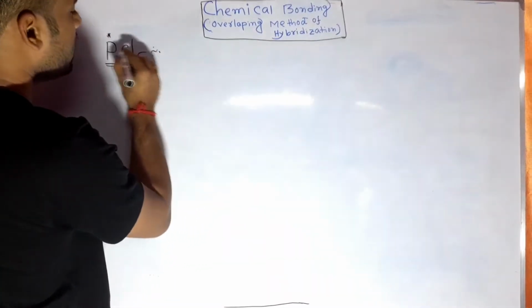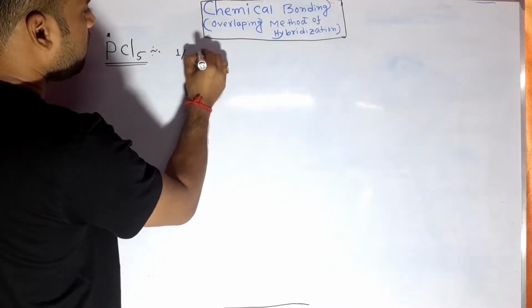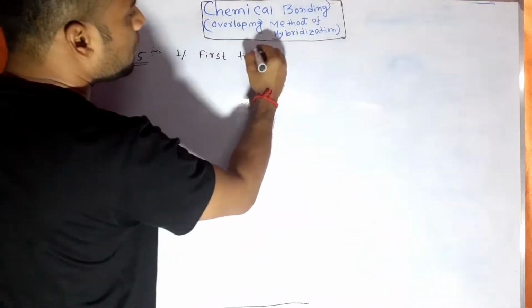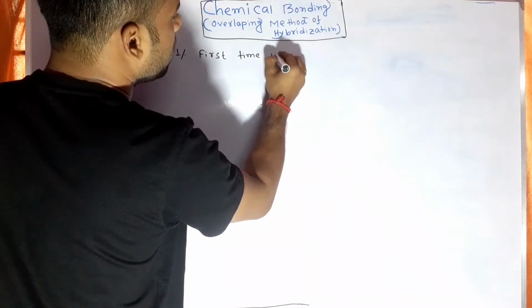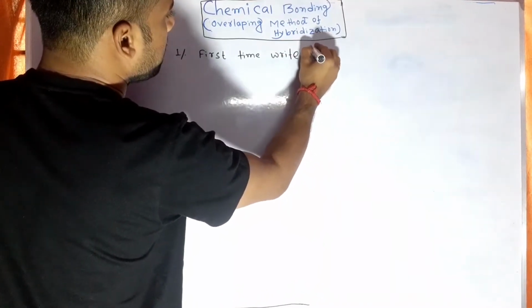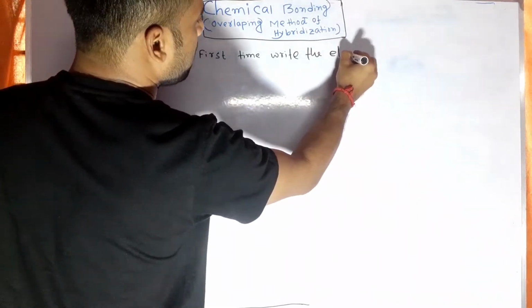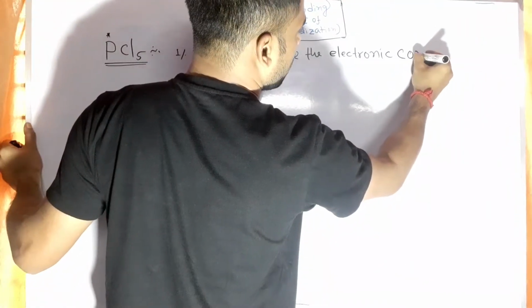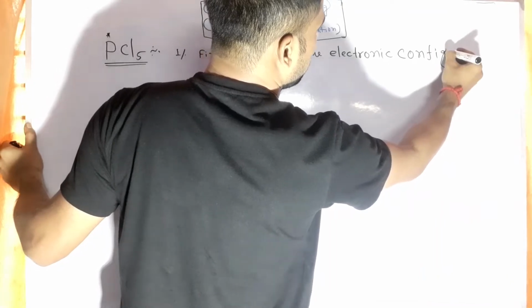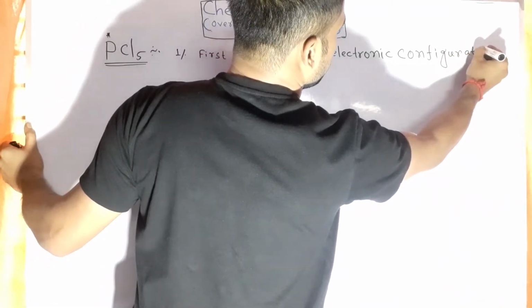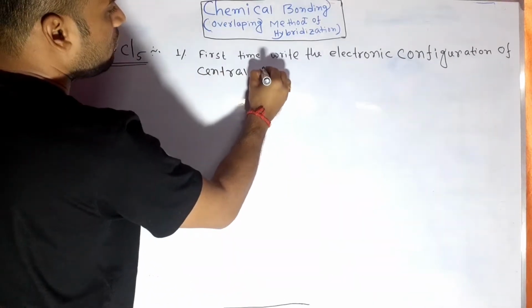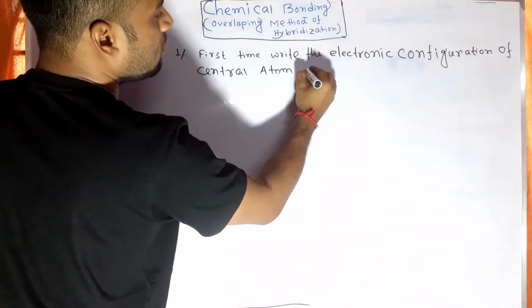Point number 1: first, write the electronic configuration of the central atom in ground state.